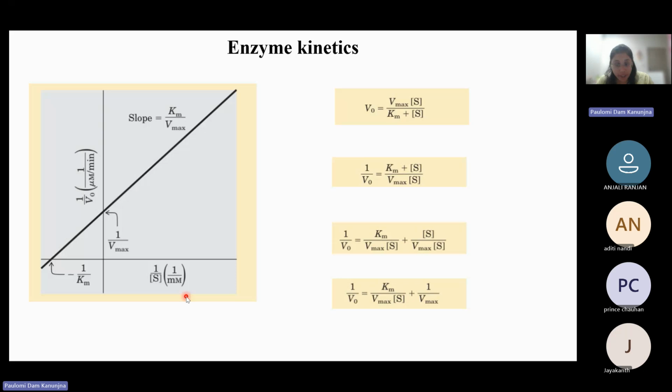1.41. What is 1.41? I'm sorry, I'm asking for those exact values because that matters for the answer. So is this Km or is this Vmax? Km is 1.41. Okay.